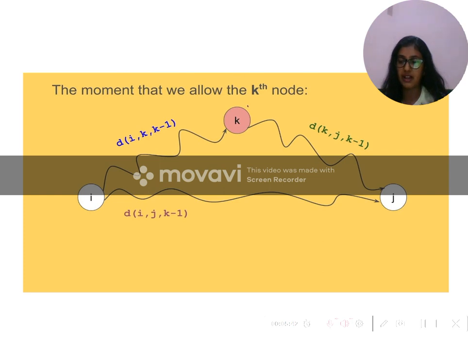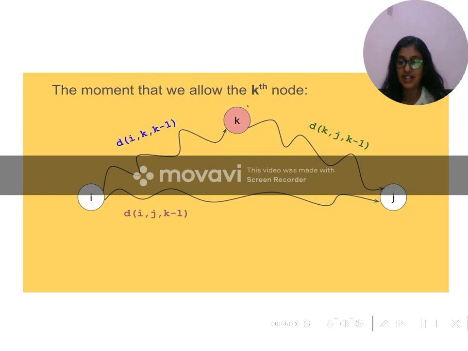And then I can generalize the moment that I'm adding the kth node. Whenever you are adding the kth node, you are comparing the case of going from i to j with only k minus 1 nodes to the case that I go from i to k first using the k minus 1 nodes, and then I go from k to j using k minus 1 nodes.